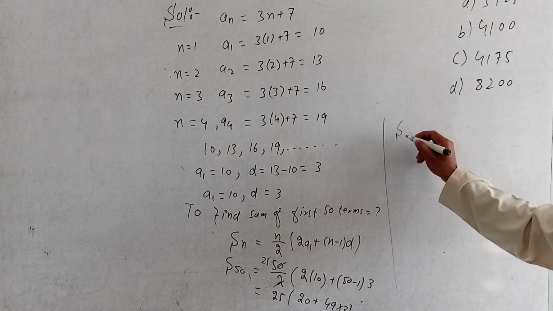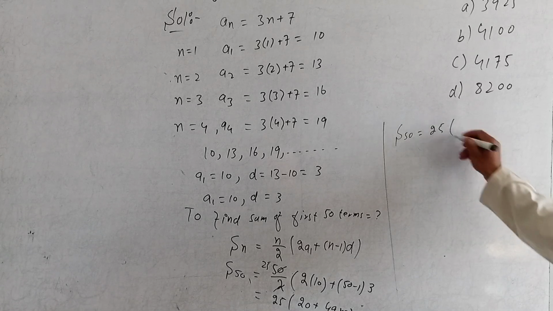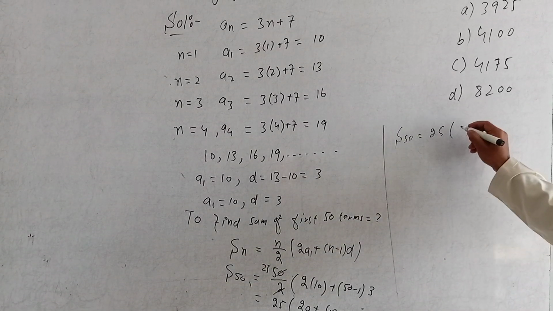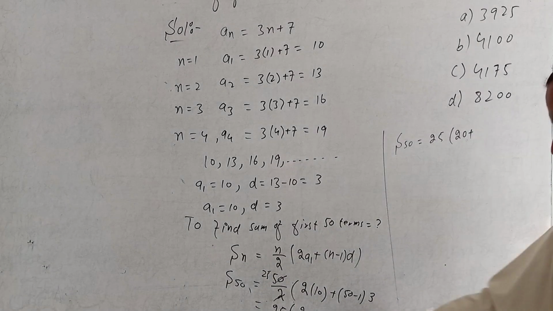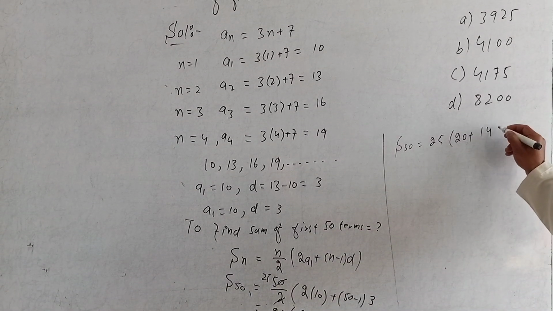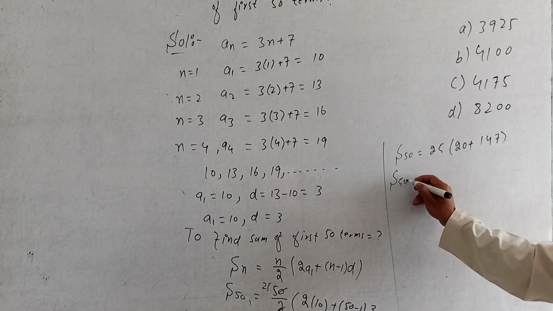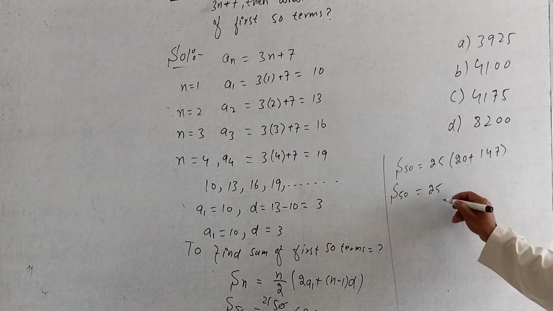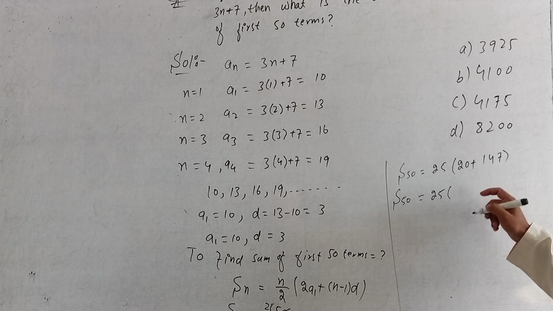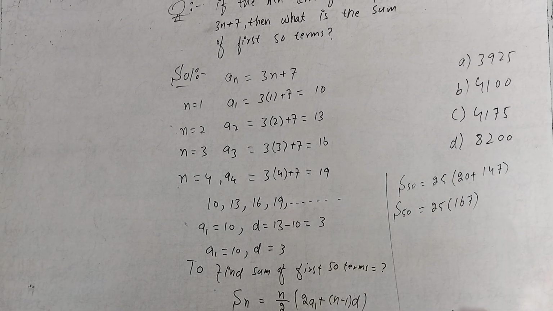So the sum of the first 50 terms equal to 25 times 20 plus 49, 3s are 147. So the sum of the first 50 terms equal to 25 times 20 plus 147 equal to 167.